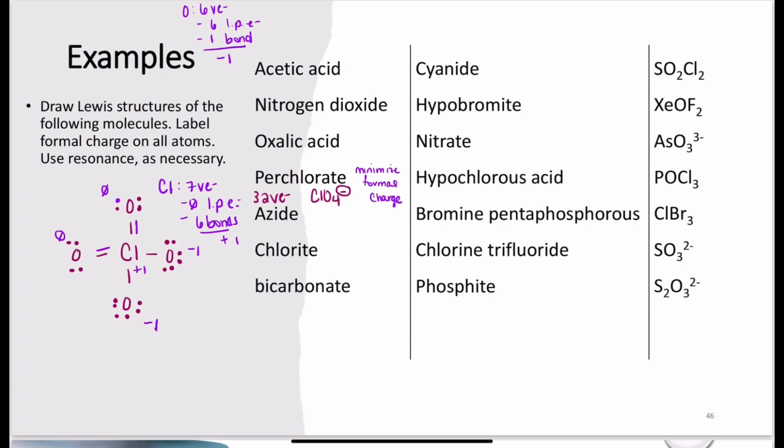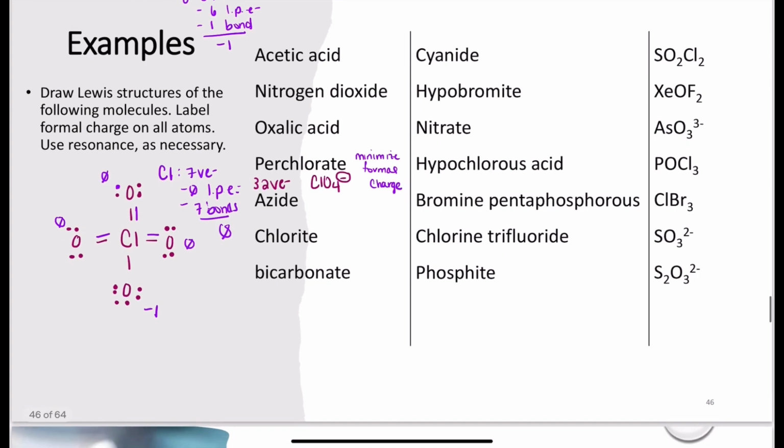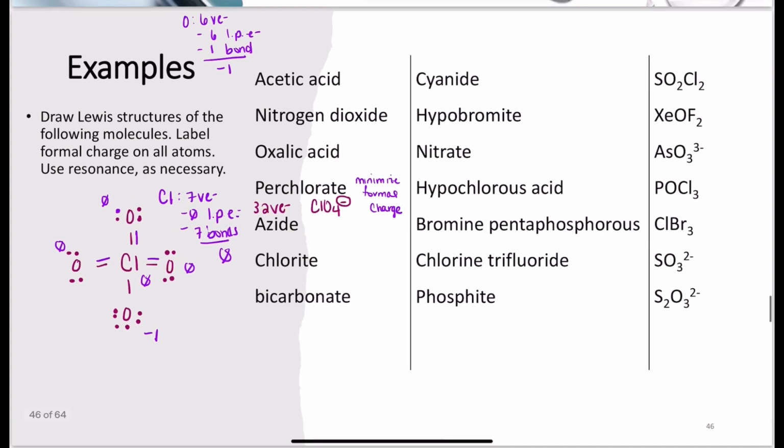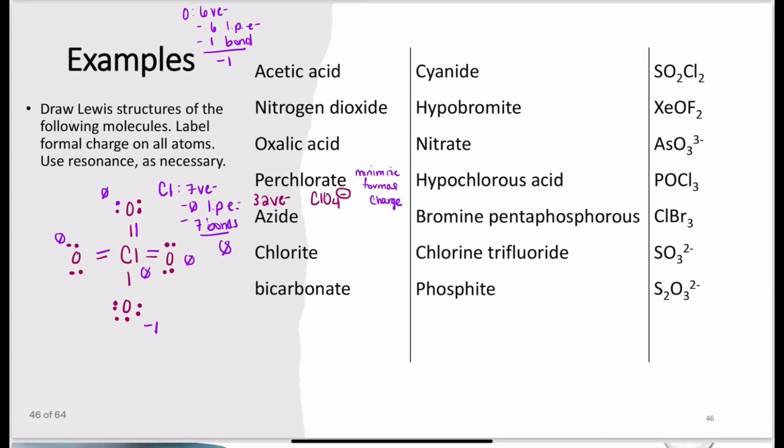Yes, I could. What if this oxygen also donated? Now this oxygen has a 0 formal charge. I look at the chlorine. Chlorine has 7 bonds now. 7 minus 0 minus 1, overall 0 formal charge. 2, 3, 4, 5, 6, 7.